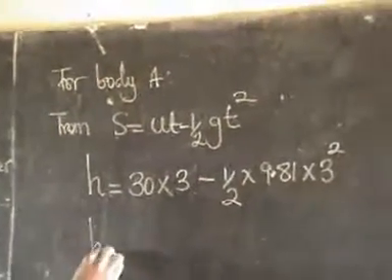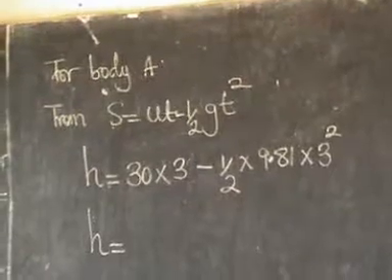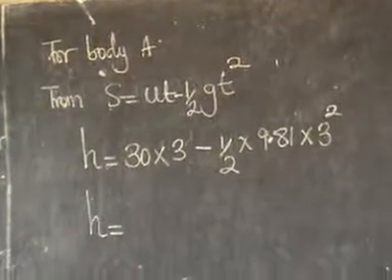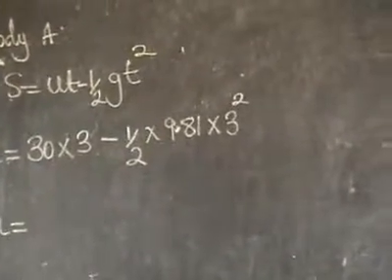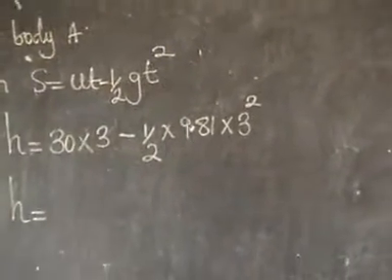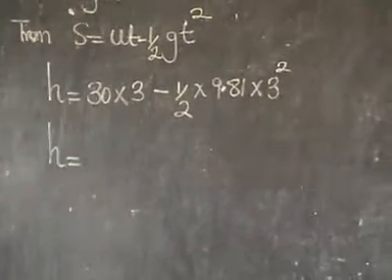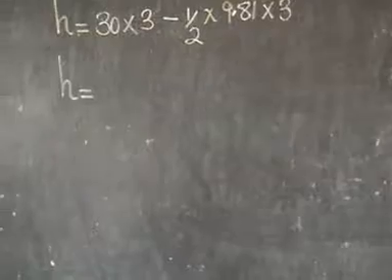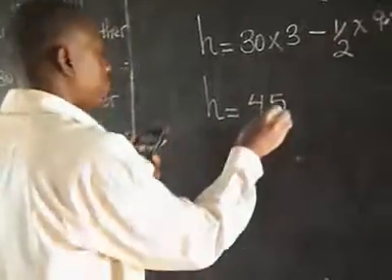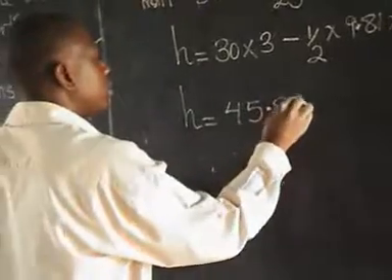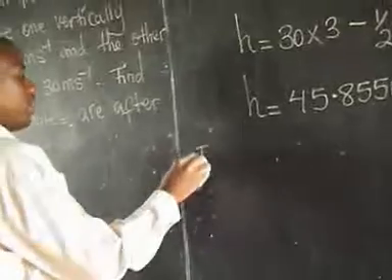So we shall get h is equal to 30 times 3, minus, this is 45.5 meters.